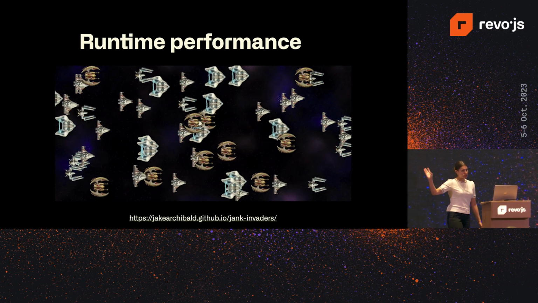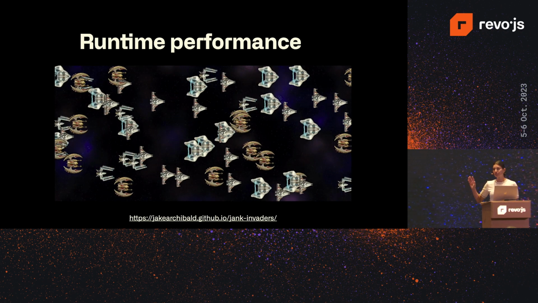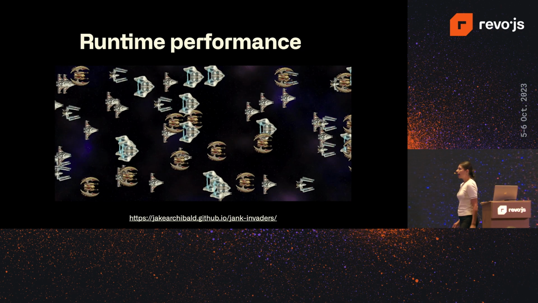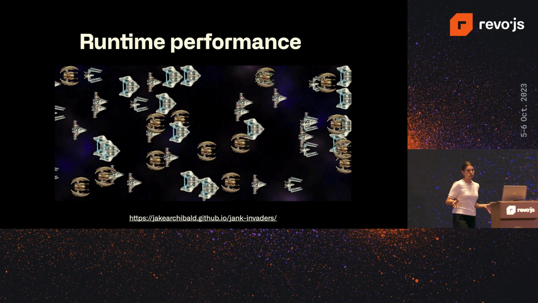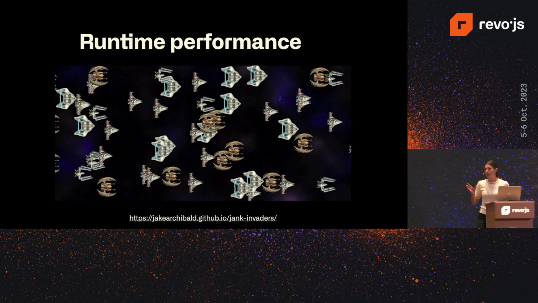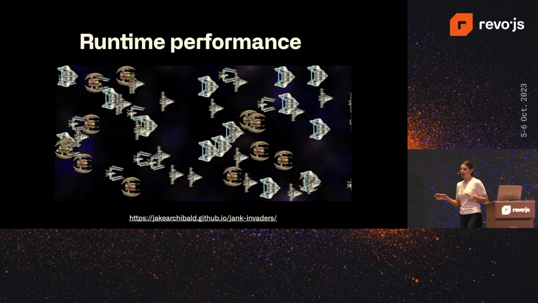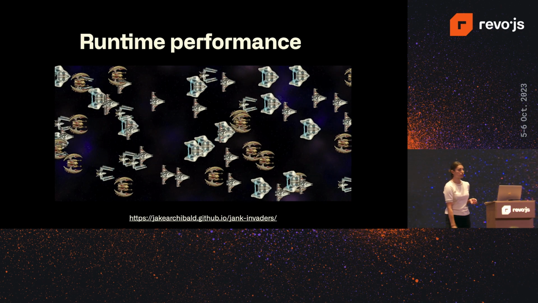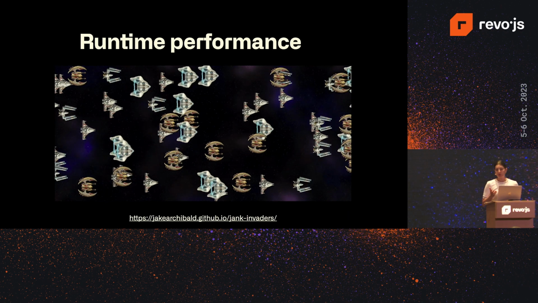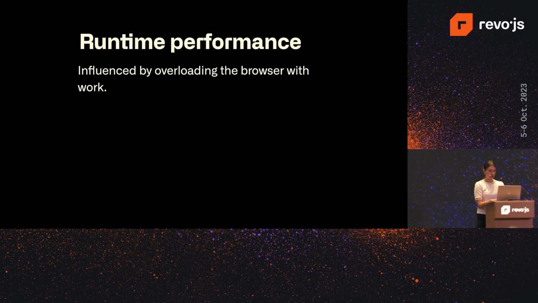What's happening here is the browser is basically overloaded with work, and it's dropping some frames. It just doesn't have enough time to create the 60 frames every second. So some of these frames are not created, dropped, and then we have the stuttering. This is when the runtime performance problems might emerge.